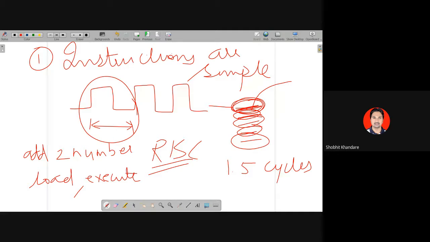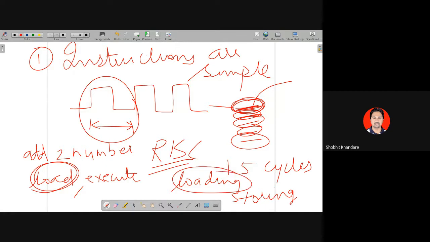Now what do you mean by loading? Please pay attention, this is important. There are words called loading as well as storing. Please try to understand, these words are important. When you say loading, that means the data will be taken from the memory to the register. And what do you mean by storing?